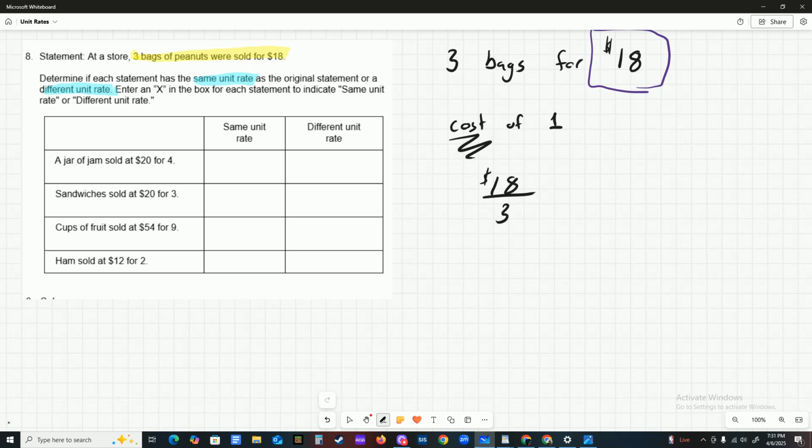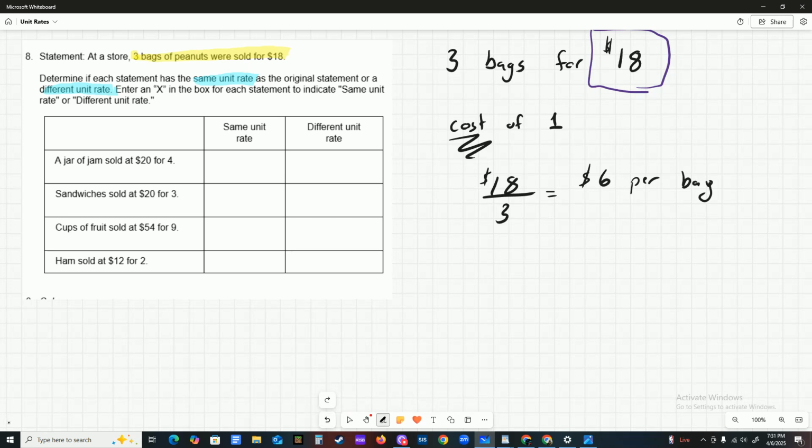So we have dollars on top and bags on the bottom. So this is going to be $6 per bag. All right. Now our job is to see which of these, the jam, the sandwiches, the cups of fruit, or the ham, are also $6.